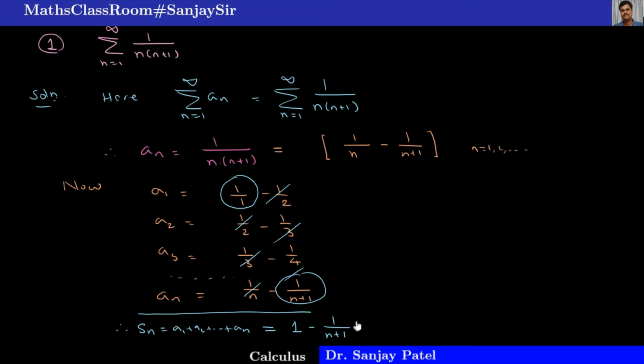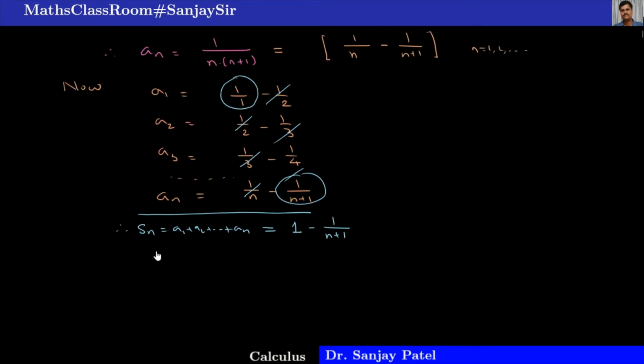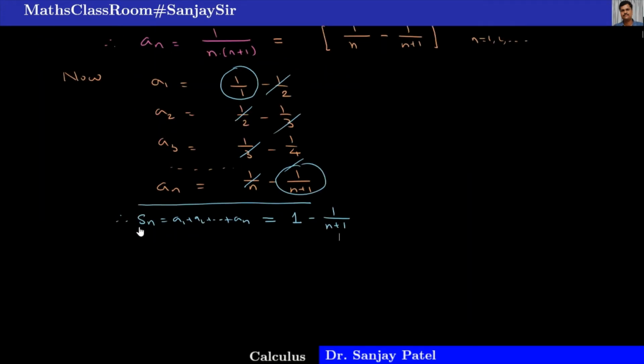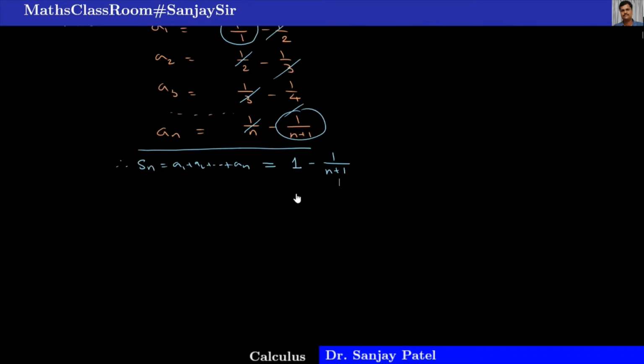So what I have proved here is that the sum of the first n terms, a1 plus a2 plus a3, which we call Sn, is actually this number. And this is true for every n. So Sn is equal to 1 minus 1 upon n plus 1. Therefore, the limit of Sn as n tends to infinity, now it is very simple, is equal to the limit of this sequence, that is 1 minus 1 upon n plus 1.